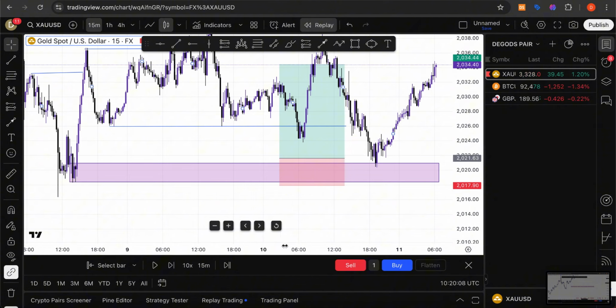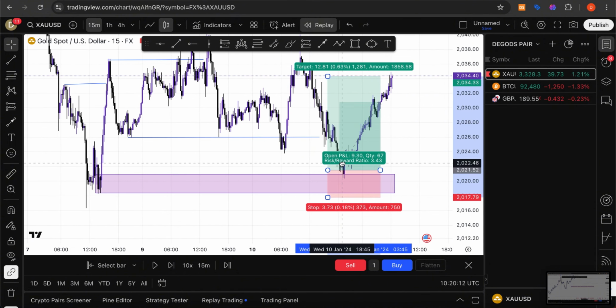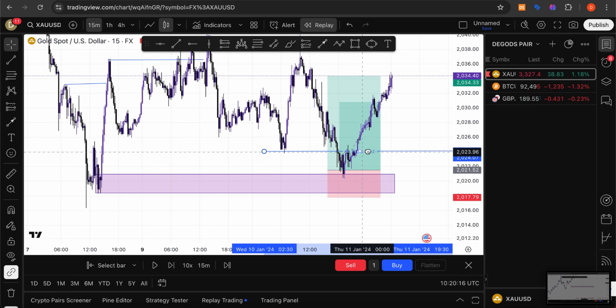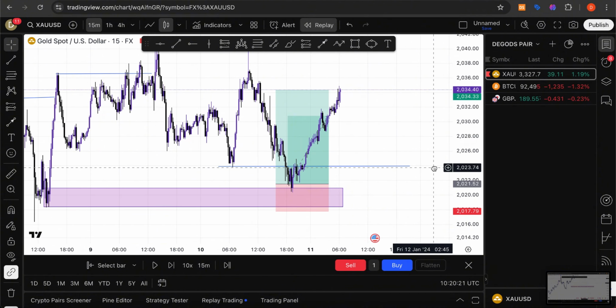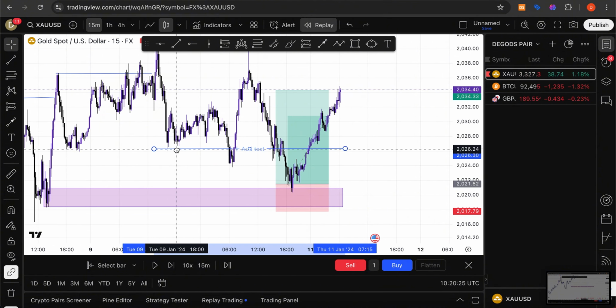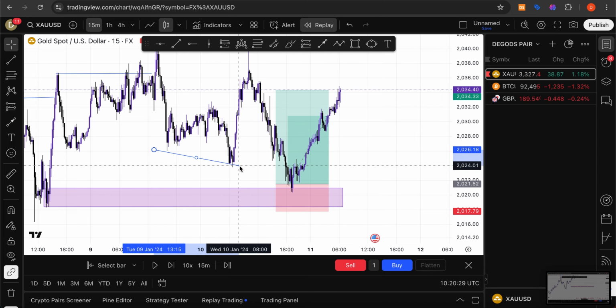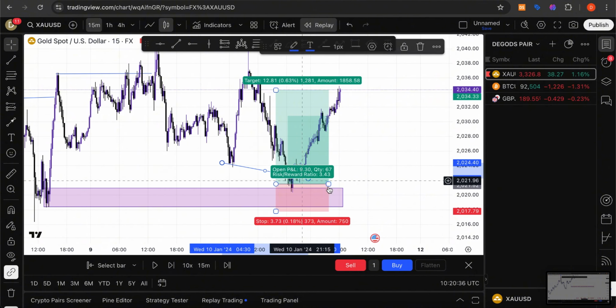So you see, here now automatically we take our structural liquidity also. As you gather enough liquidity, now here this is inducement liquidity. You know there are different types of liquidity: inducement liquidity, and this is structural liquidity.